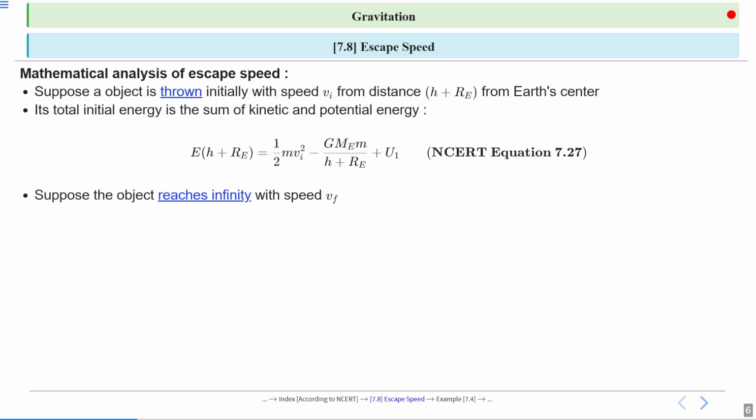Suppose the object reaches infinity. At this point, at infinity, it has a final speed Vf. This scenario allows us to analyze the energy state when the object is far from Earth's gravitational influence.